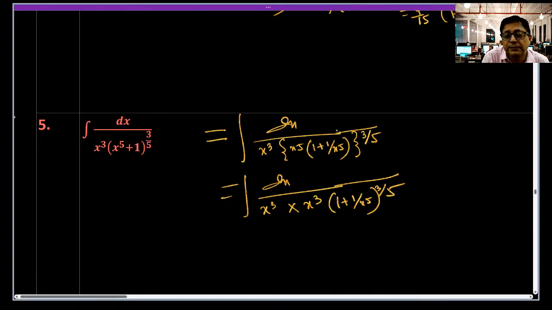What do you find there? This is dx by x to the power 6.